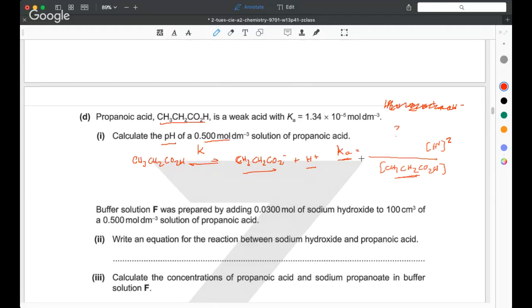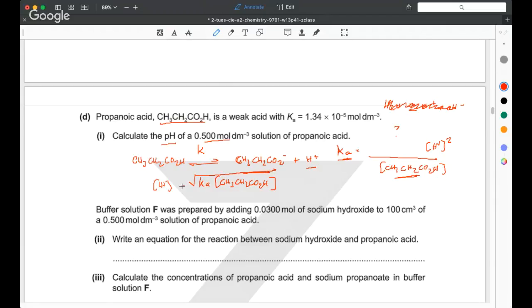And now we've got two knowns and one unknown, and so you just have to rearrange that so that the hydrogen ion concentration squared is equal to this acid dissociation constant times this equilibrium concentration of propanoic acid, and we just assume it's the same as the initial concentration. So we've got that. Of course, we don't want the square of the hydrogen ion concentration. We want the hydrogen ion concentration itself, so we can give ourselves a square root of that.